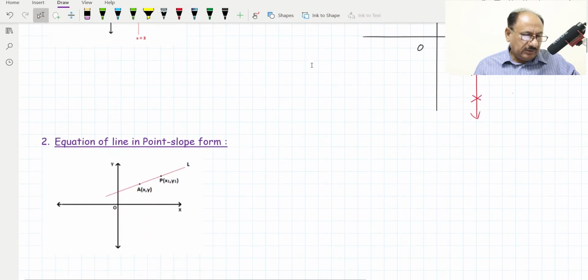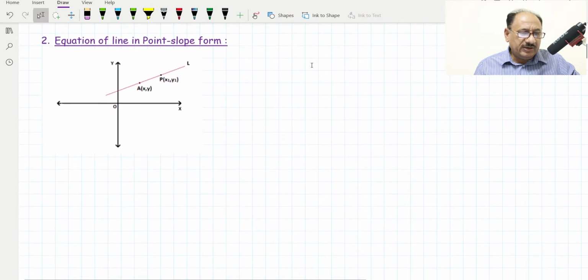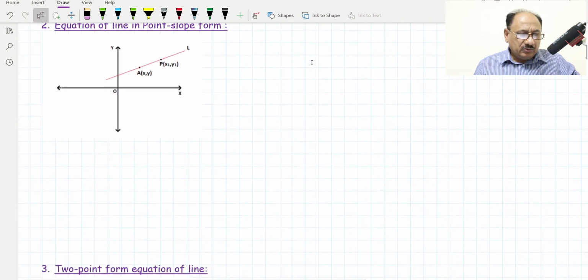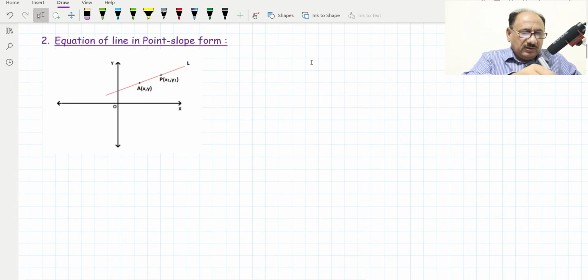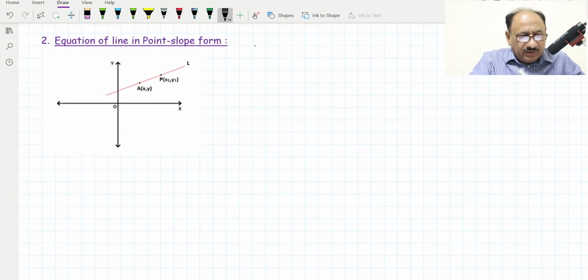Second type, equation of line in point slope format. In some situations we are given a point and a slope. For example, the point P we can take as 2 and 3.